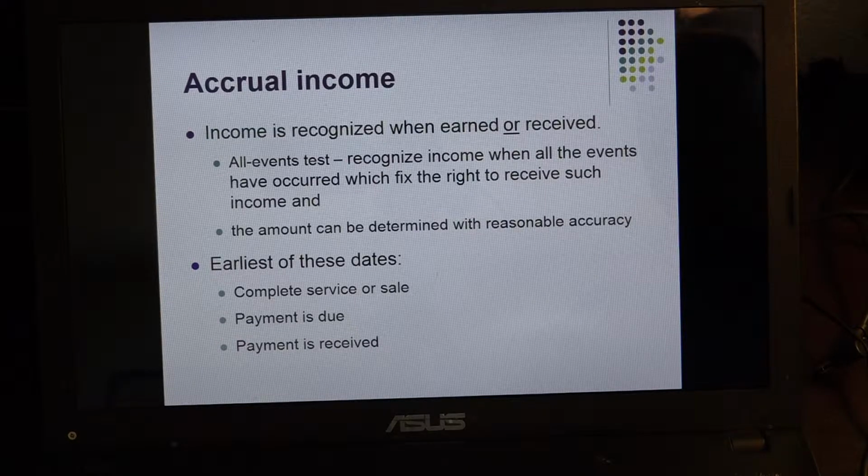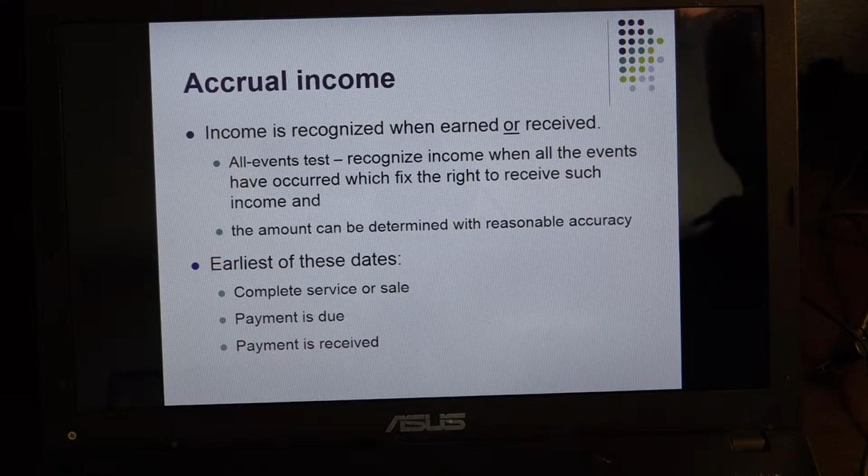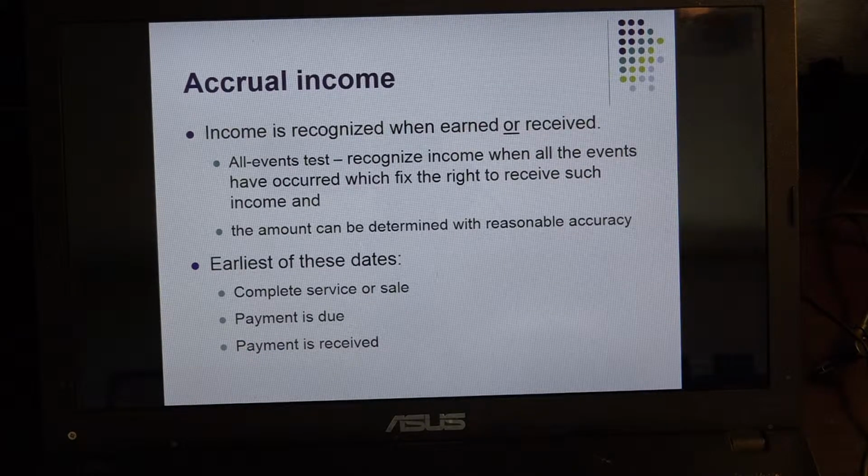And so they give you three choices. It's got to be the earlier one of these three dates. The date you complete the service or sale, the date that payment is due, or the date payment is received. Well, how is that different from accrual accounting?